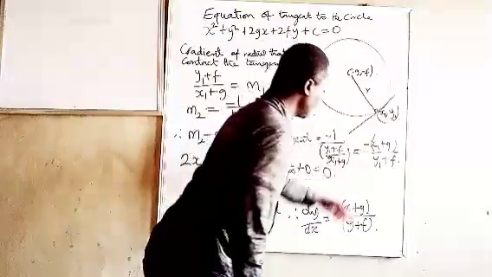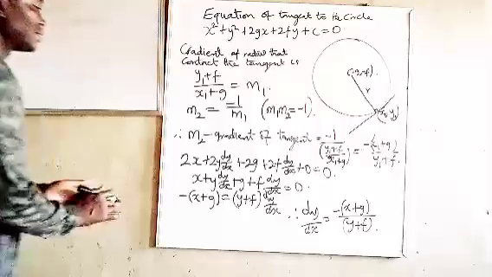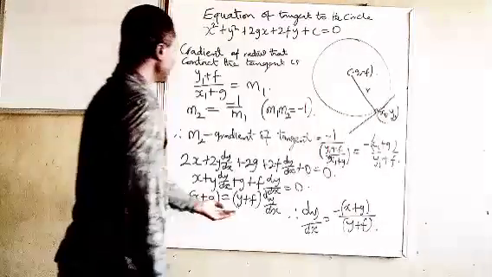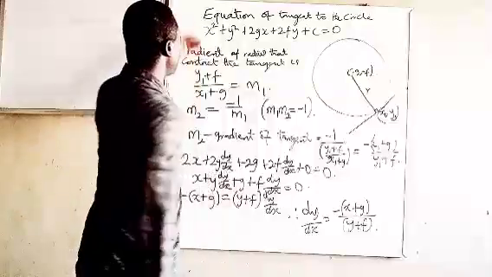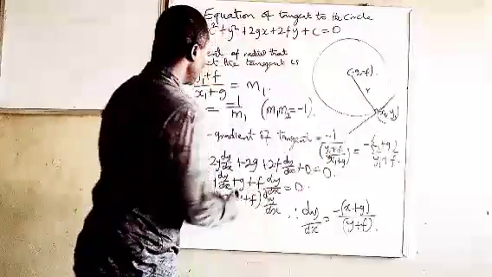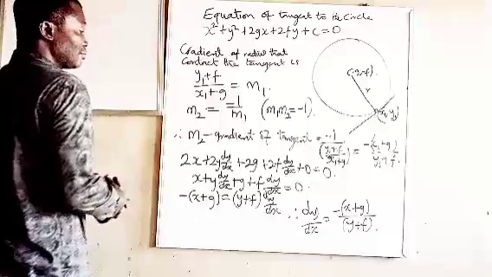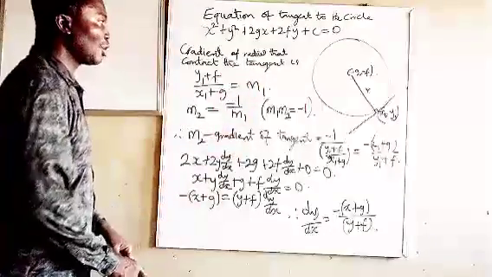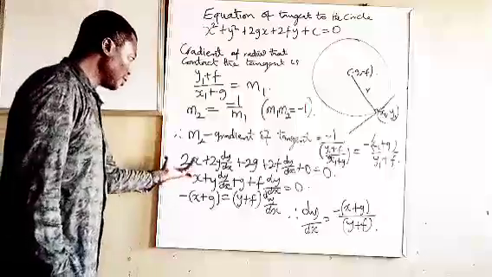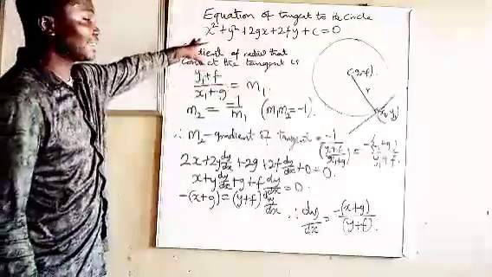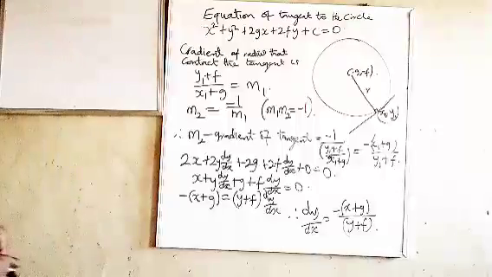So the same thing. In this instance, we won't need to first of all get the center using the completing the square method if you use this. But if you use the other, you will need to do that unless it has been factorized already.